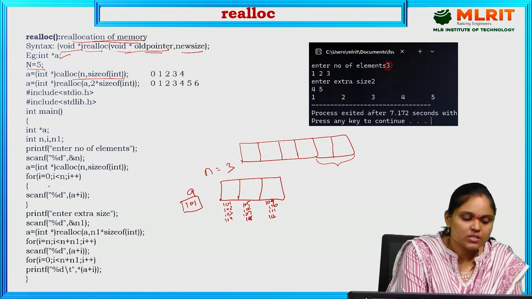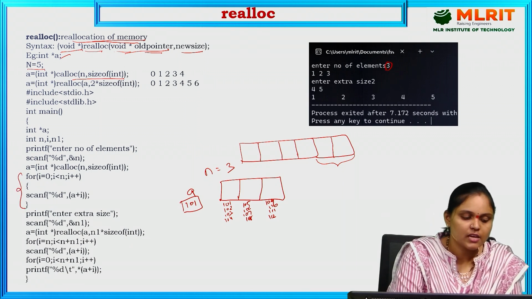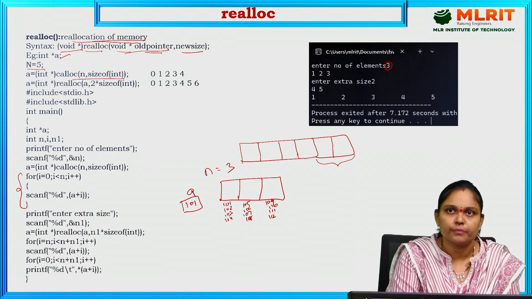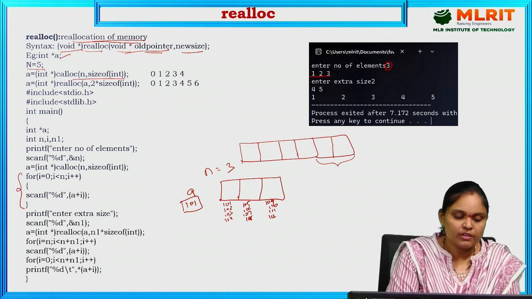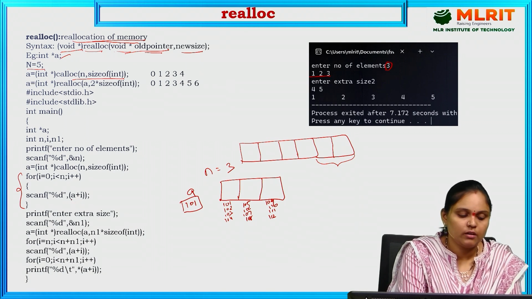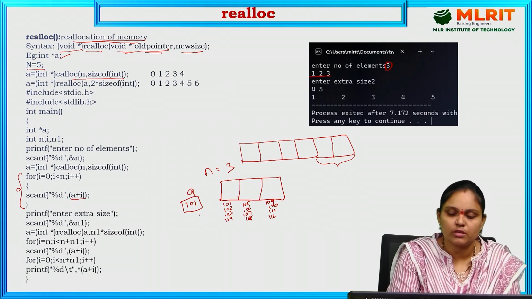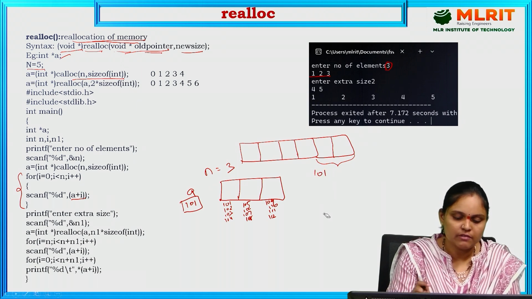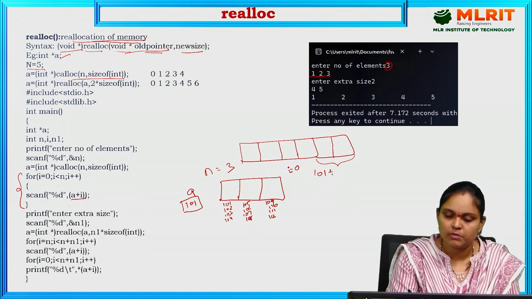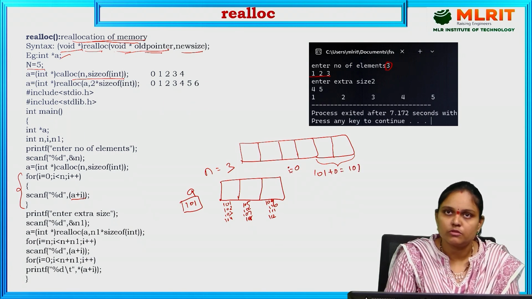Using the for loop and scanf, we read the elements 1, 2, 3. The 1 will be read and stored at a plus i. Here a is 101 and i is 0, so 101 plus 0 is 101. The first value will be stored at address location 101.